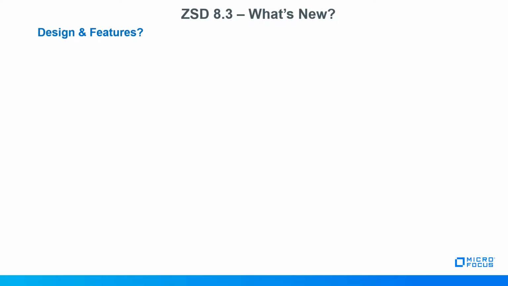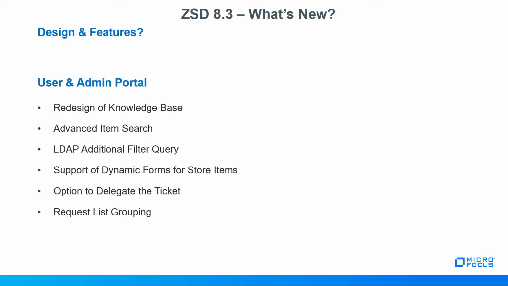Now let's review the design and features implemented in ZSD version 8.3. In the User Administration Portal, we've modernized the knowledge base system for a more consistent design across the platform. We've added in an advanced item search which will help pinpoint items needed for the tickets quickly. Filtering on LDAP user source to save LDAP sync time.